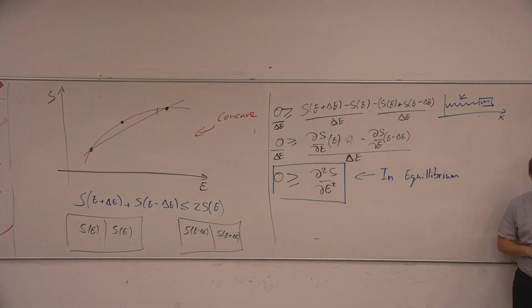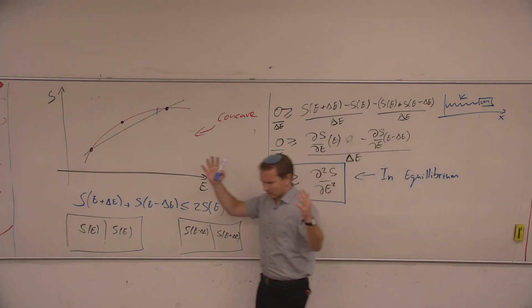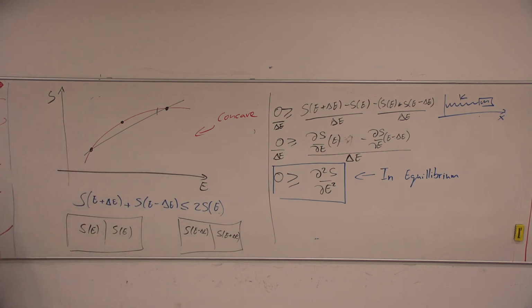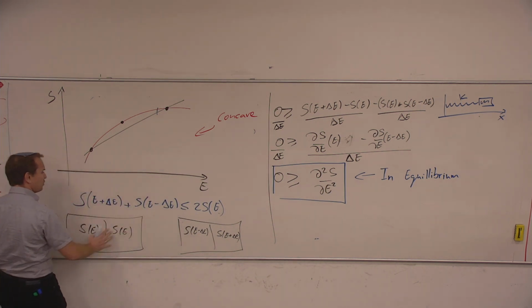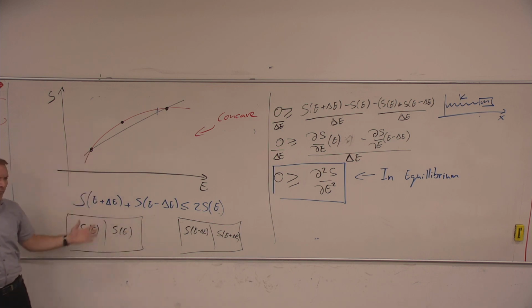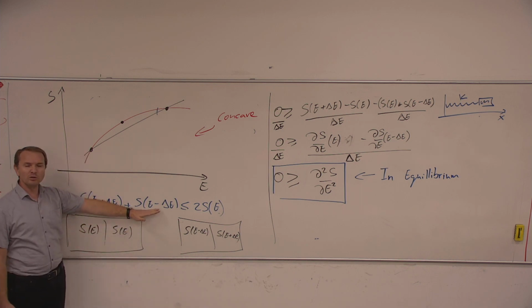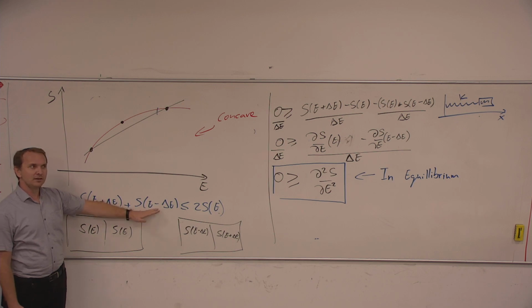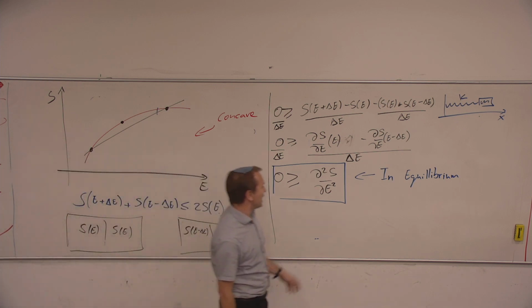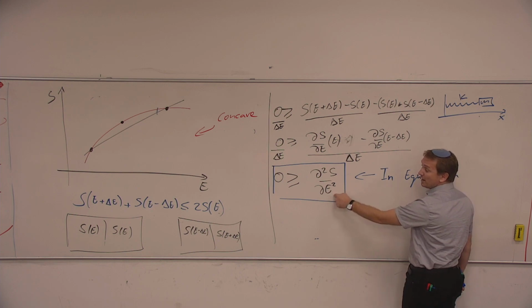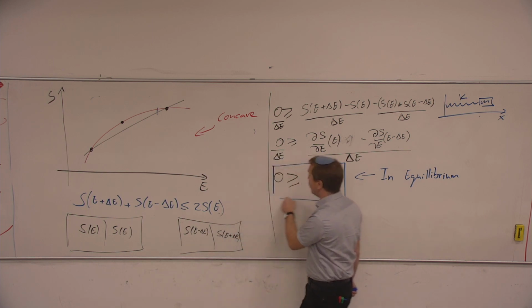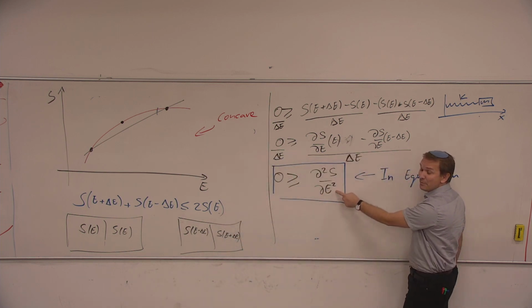So you see, think about the roadmap. We started with maximal entropy, we shifted entropy from one place to another, said it couldn't happen, and obtained this global condition of concavity. From this global condition, we are getting a local condition. This is a much softer claim, much softer condition. It says something about the second derivative.